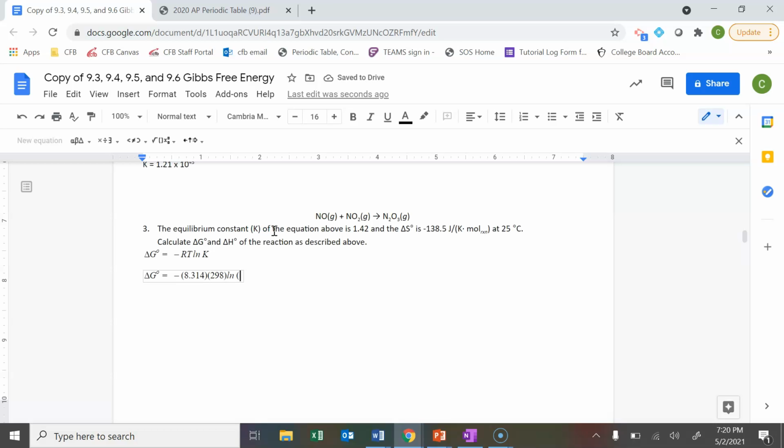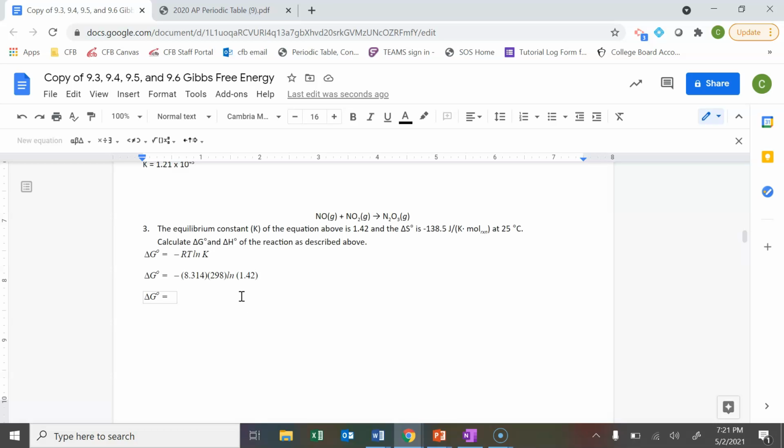The equilibrium constant, K, for the equation is 1.42. I hope you can recognize that this should be a negative value because I have an equilibrium constant that is bigger than 1. So now let's go ahead and just plug that in a calculator and we'll find our answer.